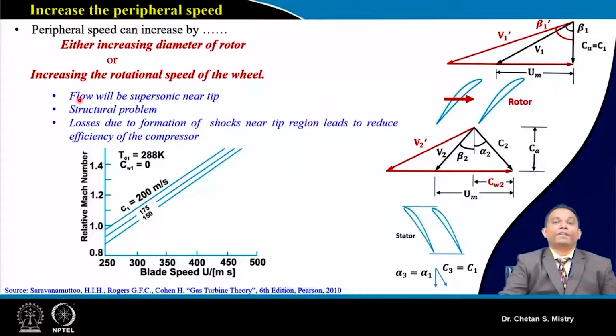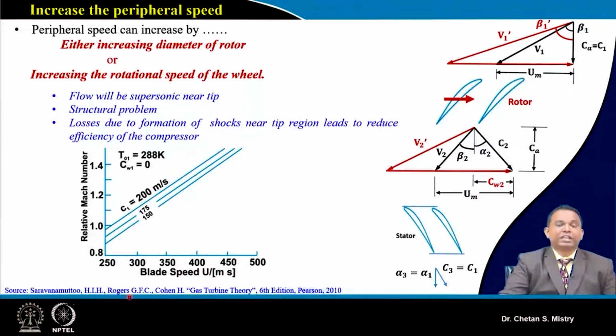Later on, people realized that in order to achieve the goals, we need to think about our design methodology and design activity in a different way. Suppose there is a formation of shock, why don't we think of opting for the benefit that we are getting from the shocks? And that gave a new innovative idea for the development of transonic compressors.